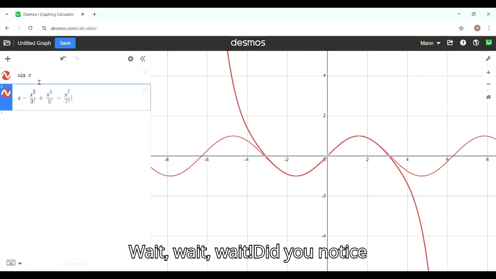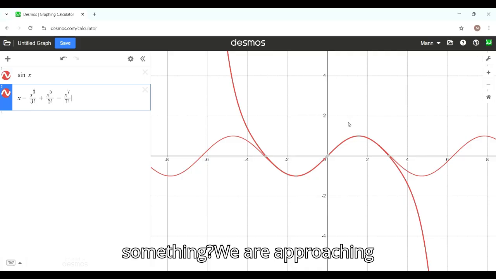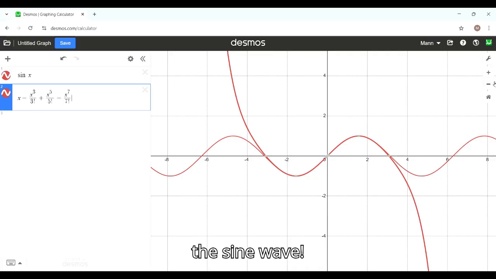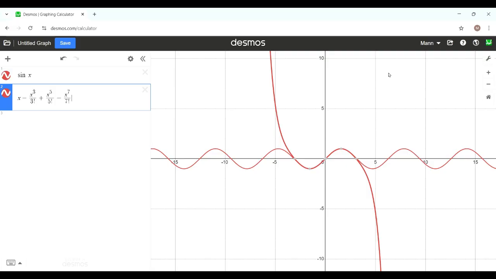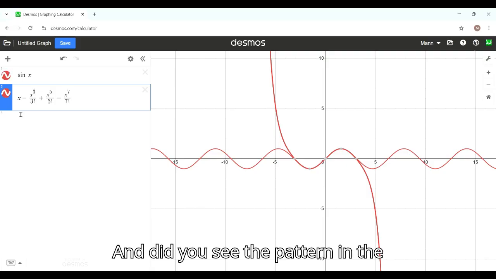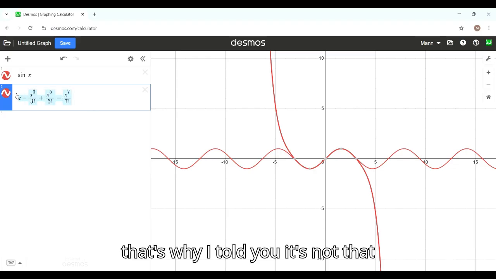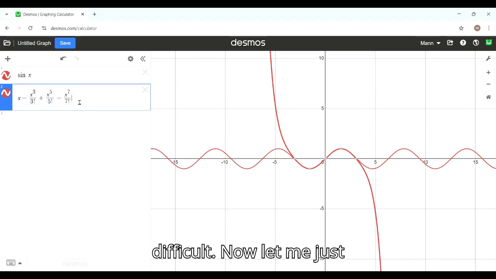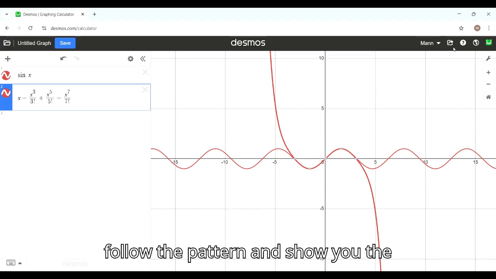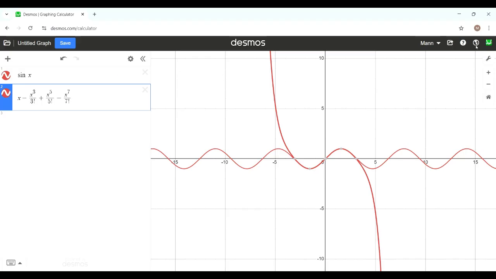Wait. Did you notice something? We are approaching the sine wave, and did you see the pattern in the polynomial? Yes, that's why I told you it's not that difficult. Now, let me just follow the pattern and show you the magic.